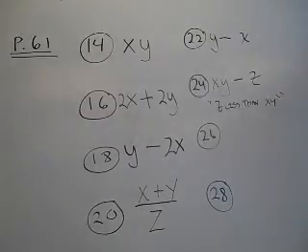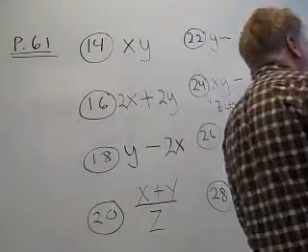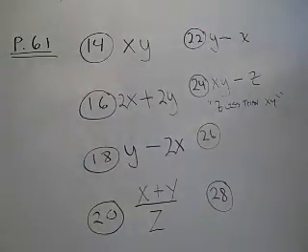26. The quotient obtained when the product of 3 and z is divided by the product of 4 and x. The quotient obtained. What does that tell us has to be in here?